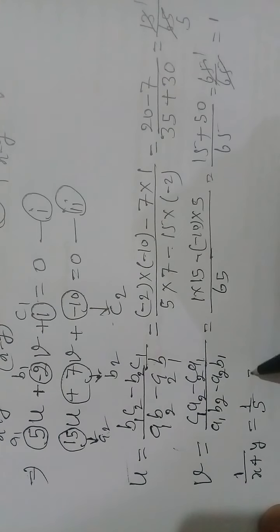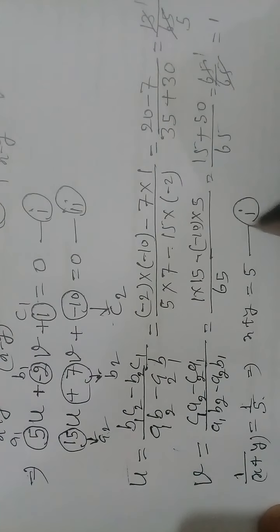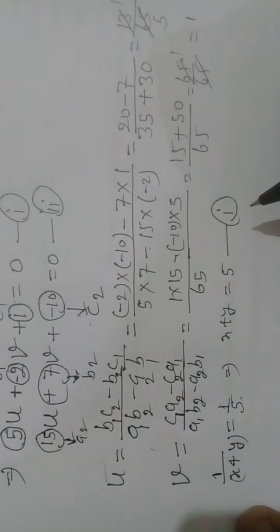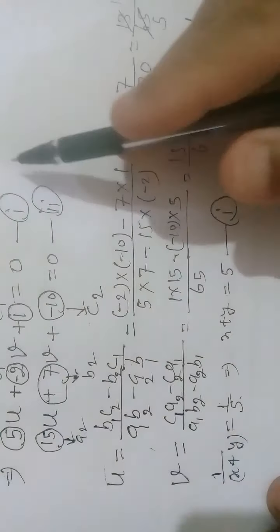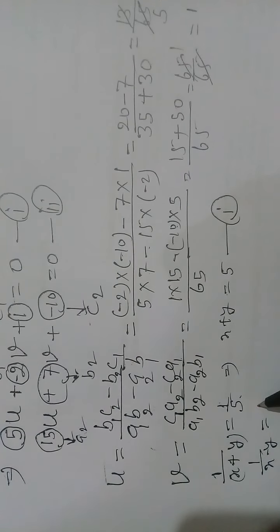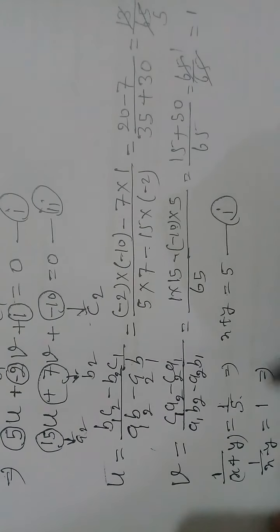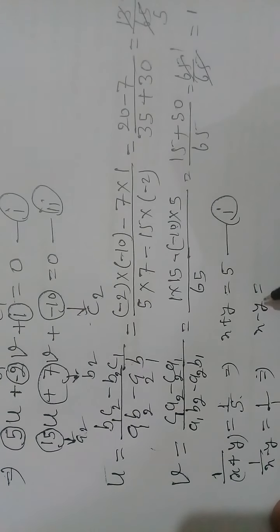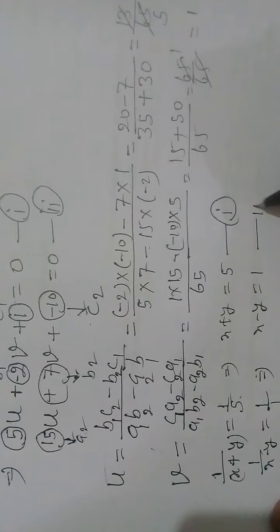By cross multiplication we get x plus y is equal to 5, equation 1. And also 1 by (x minus y) is equal to 1, so by cross multiplication x minus y is equal to 1, equation 2.